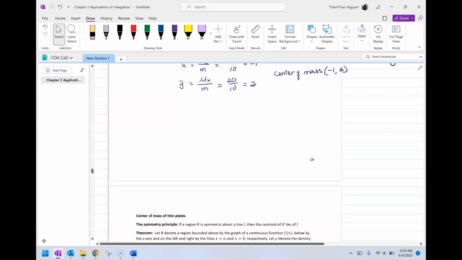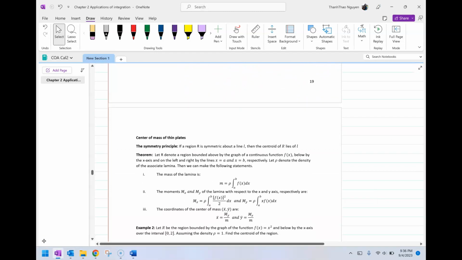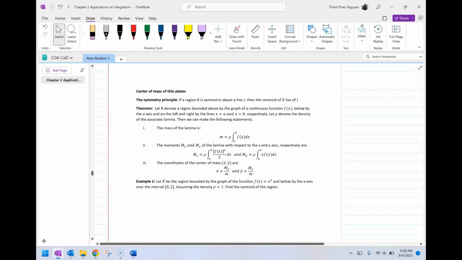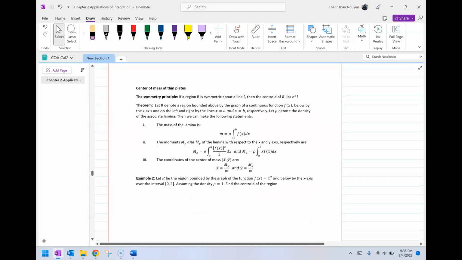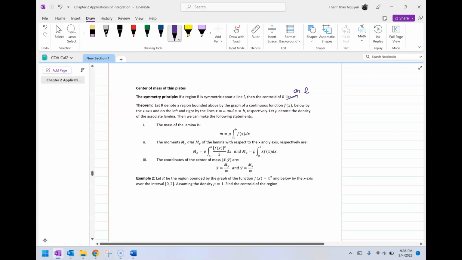So let's talk about center of mass on a thin plate. The symmetry principle: if a region R is symmetric about a line L, then the centroid of R lies on L. Okay, it makes sense, right?